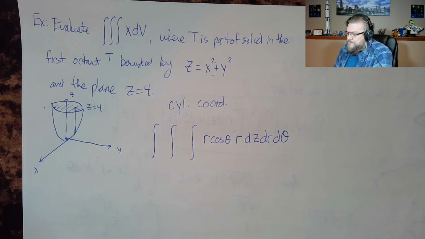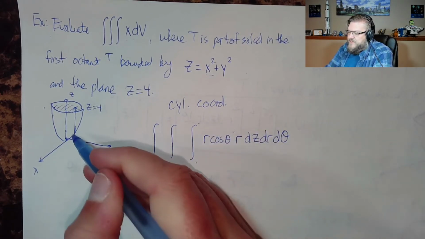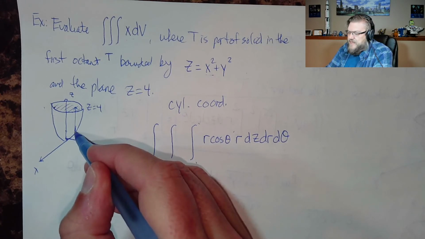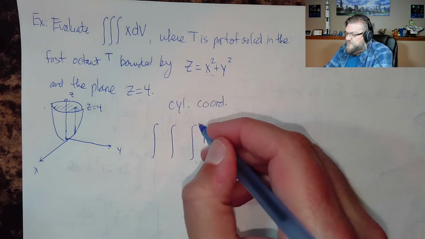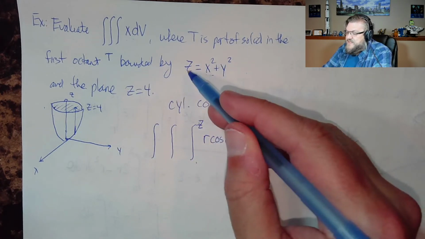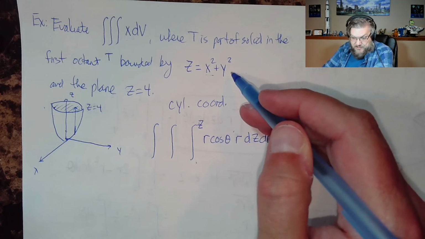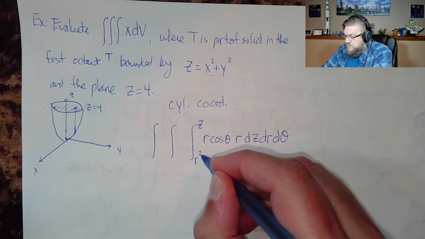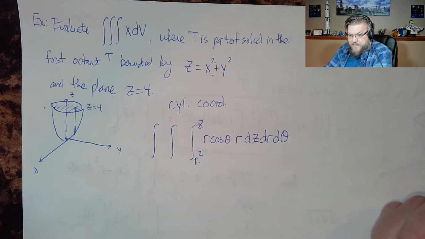Okay, let's now figure out z goes from what to what. Well, it starts at the bowl and goes up to the top, the plane surface. So I know it definitely hits z equals 4. And it certainly starts at z equals x squared plus y squared, which in cylindrical is just r squared. So z goes from r squared to 4.